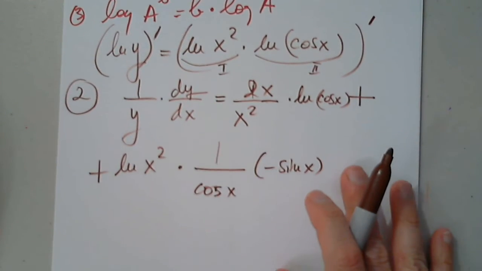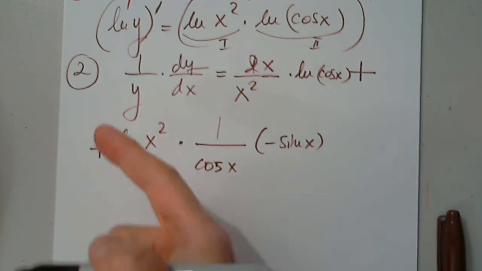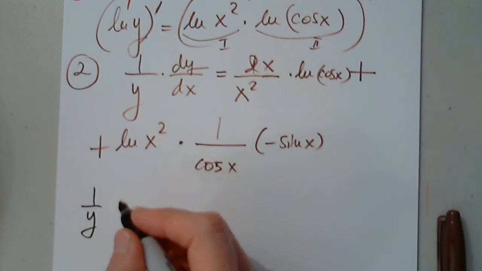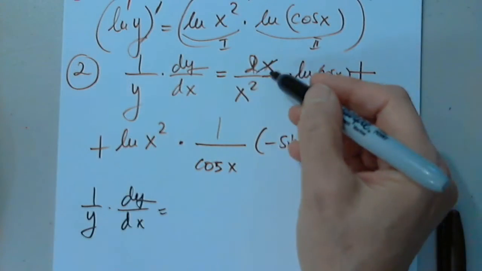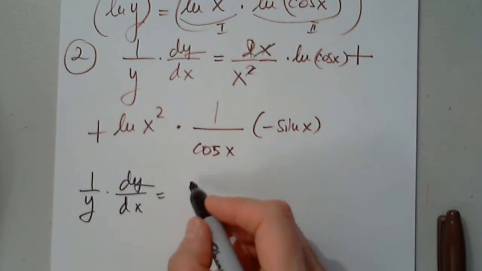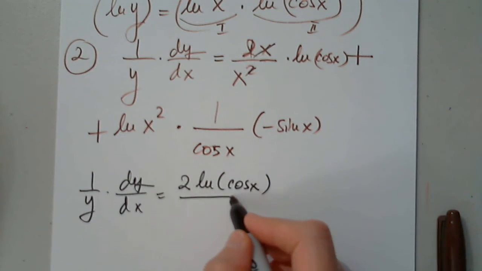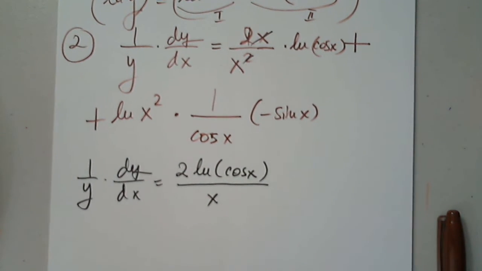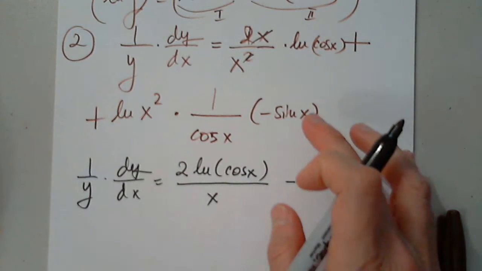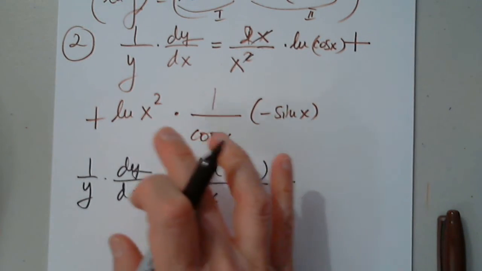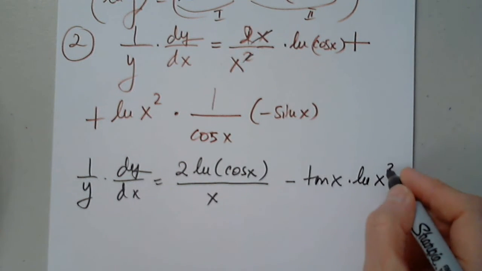Okay, so let's clean this up first in one step. So I'm going to write it one more time. 1 over y times dy over dx. Here, of course, I will simplify one of these x's. Then I have 2 natural log of cosine x divided by x. Then plus, or I should say minus. I know that sine over cosine is tangent. Why don't I put it in front? Tangent x times natural log of x squared.